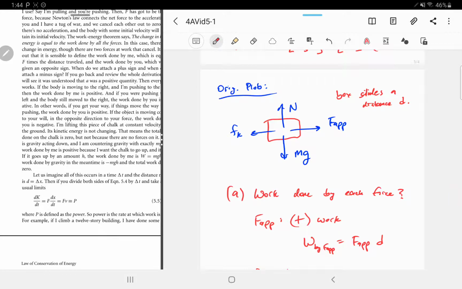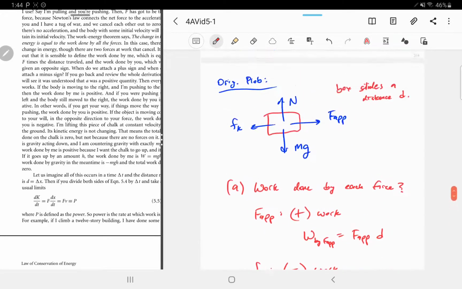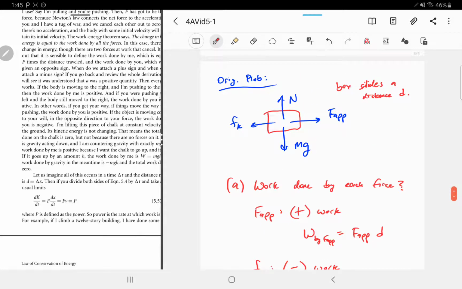The normal force is up and the box is moving to the right, that's 90 degrees. So the dot product between either of these two forces and the displacement is 0. No work is done. And that makes sense. If the normal force is not tending to speed the thing up, it's not trying to slow it down, so it's not doing positive or negative work on the box.